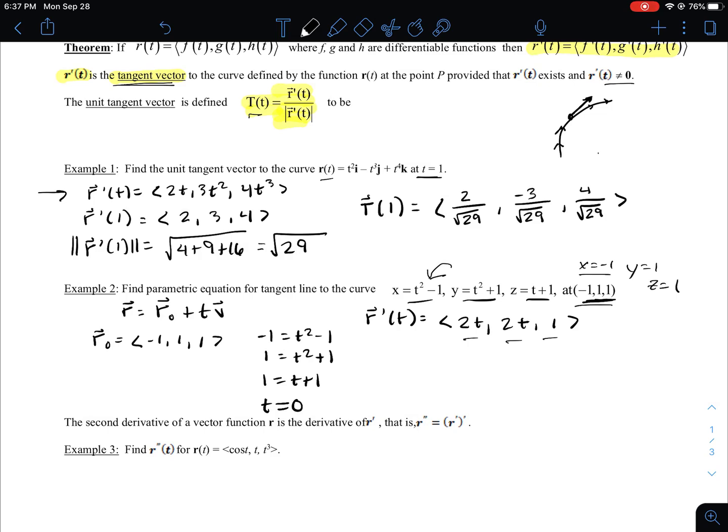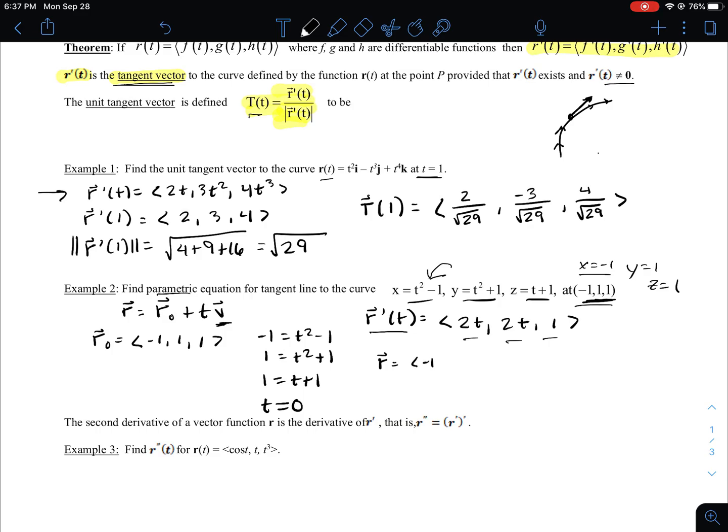Okay, so now we're ready to evaluate our derivative and use that as our direction vector for this line. Because our derivative gives us the quote-unquote slope of the tangent line, right? That slope is now this direction vector. So our vector equation, oh, they say parametric equation. I lied to myself. Okay, we'll write it in vector form first, and then we'll write it in parametric form.